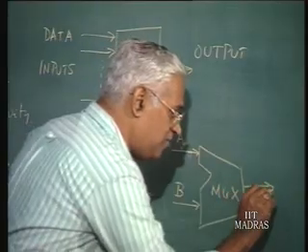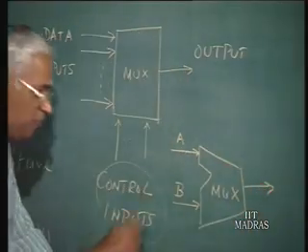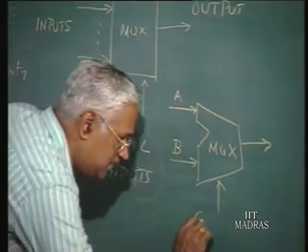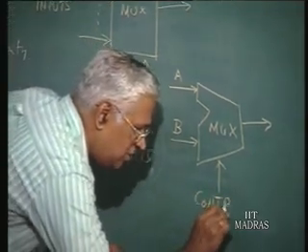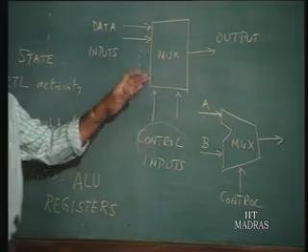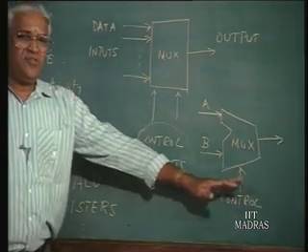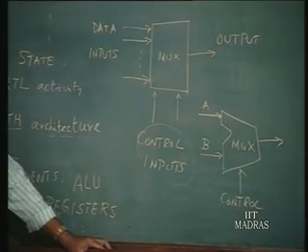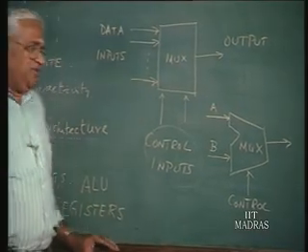Now, one of these will be the output. Which one will be decided by a control input. It is easy to visualize. Now, you can have more than two inputs, in which case we must have an appropriate set of control signals which identify uniquely which one. That is what it is.